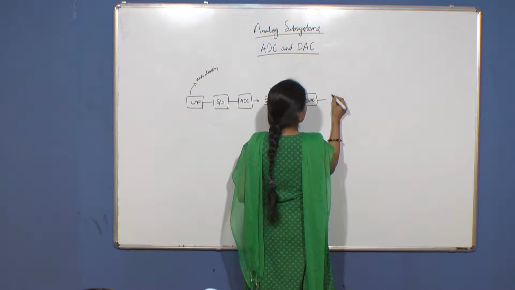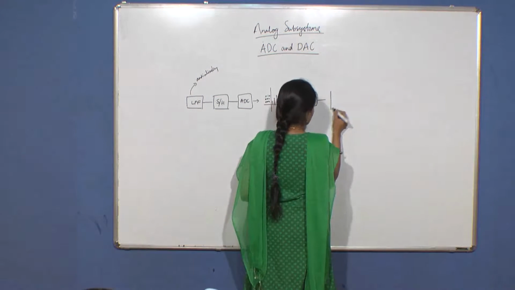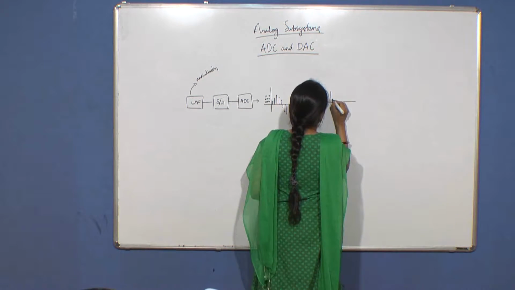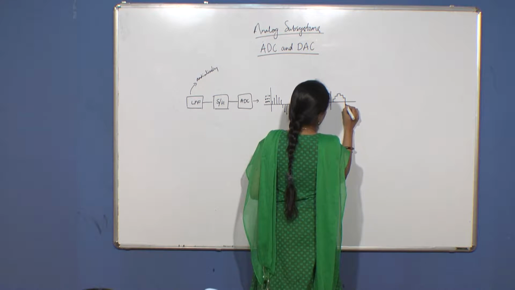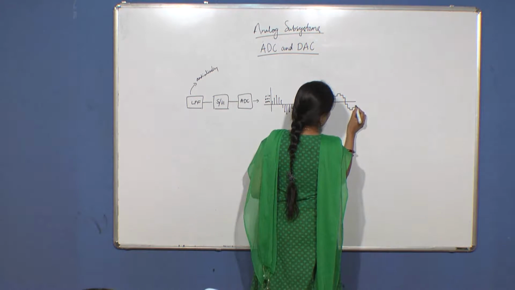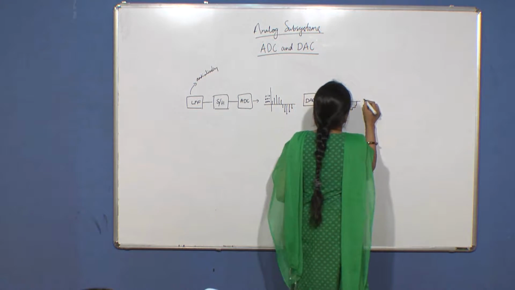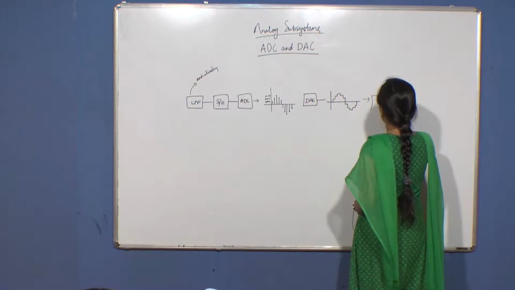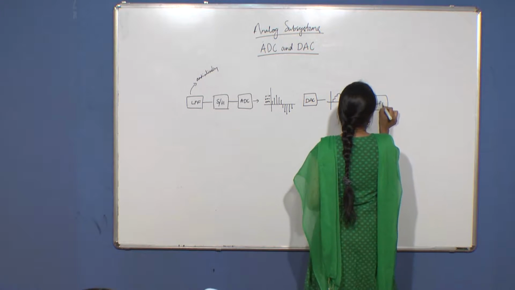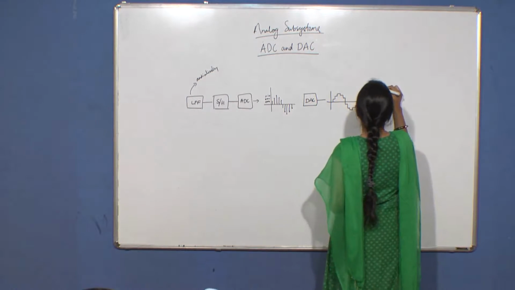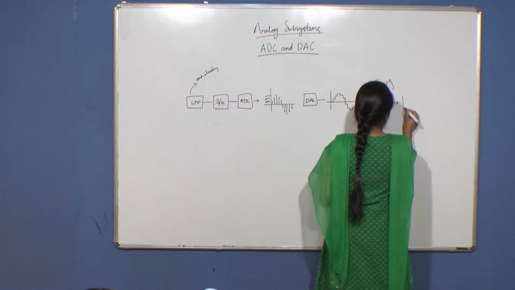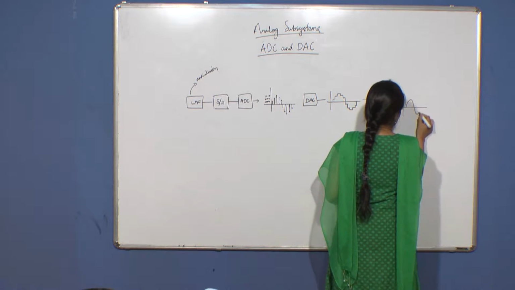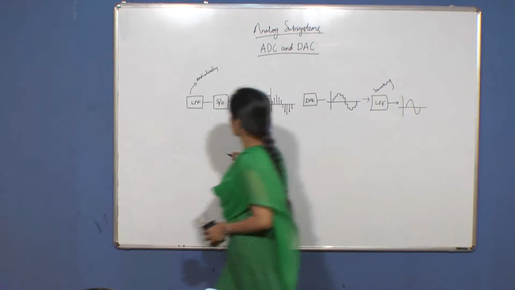Then you have the analog signal, this is given to your low pass filter for smoothing, and this is your analog output.